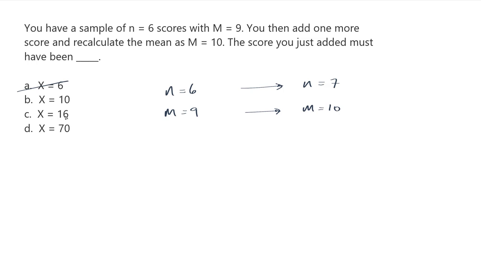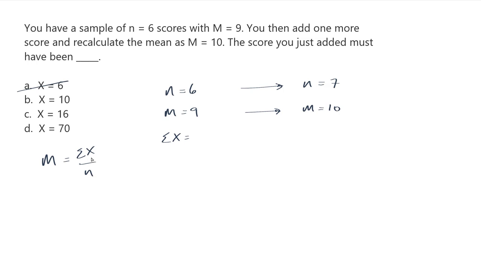I'm not going to trust just the quick math I can do in my head when, in fact, I can work this out properly by finding the sum of x. Finding the sum of x is always the trick to working out these questions properly. If you can't figure out the sum of x, chances are you just don't have enough information to answer the question. So what is the sum of x? Well, the sum of x I can get from this formula.